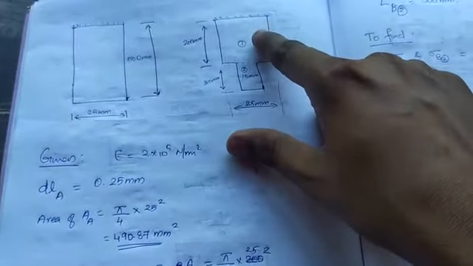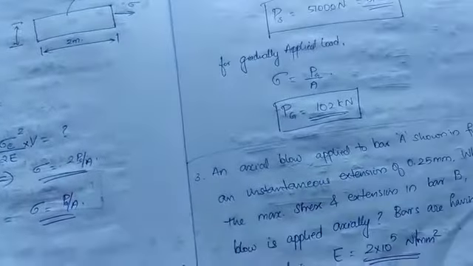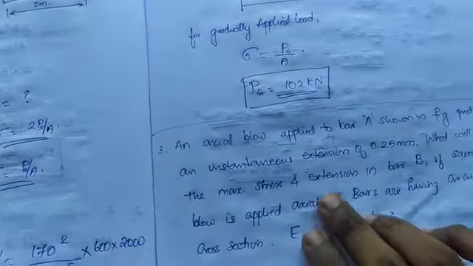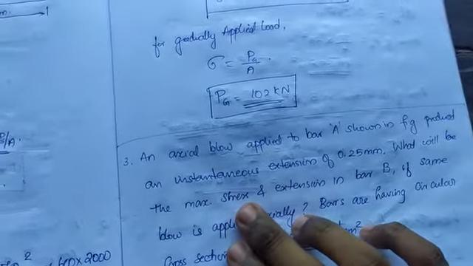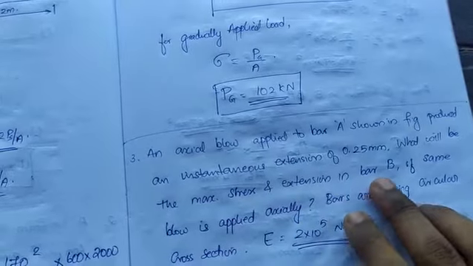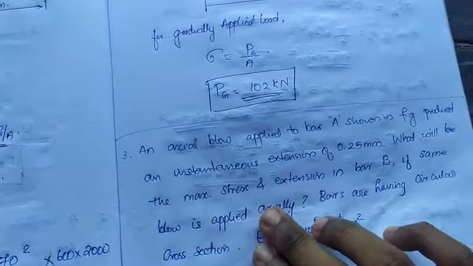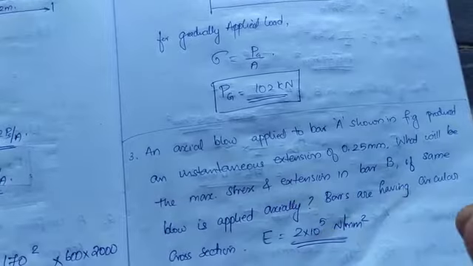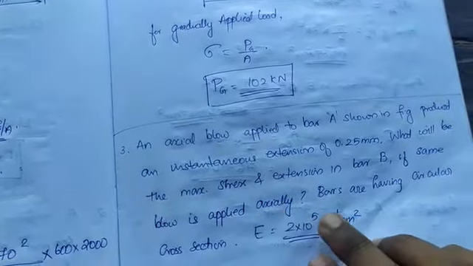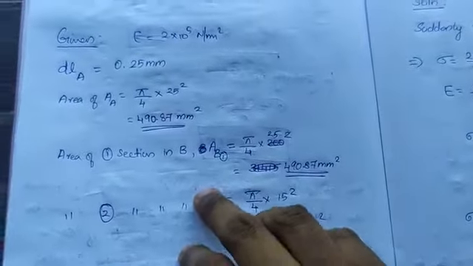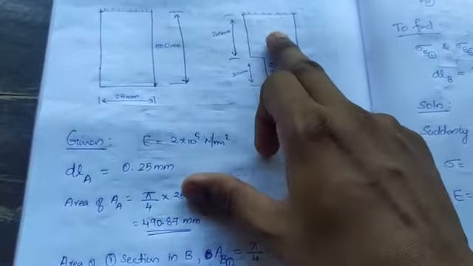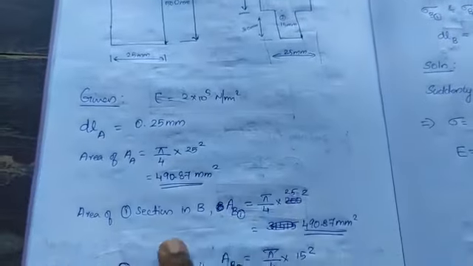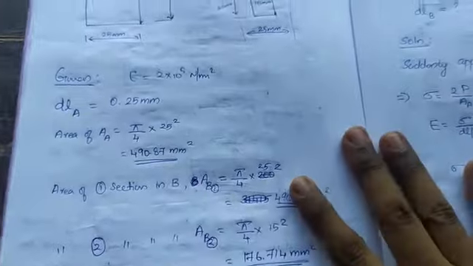So for the second part, what is our question? What will be the maximum stress and extension in bar B? We need to find the maximum stress sigma and dL of B, if the same blow is applied, so the same load is applied here as that of A. For that we'll divide this into two, section 1 and section 2, and find its areas AB1 and AB2.